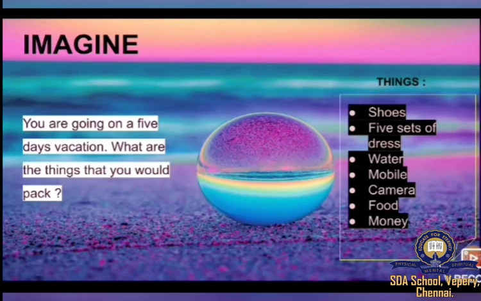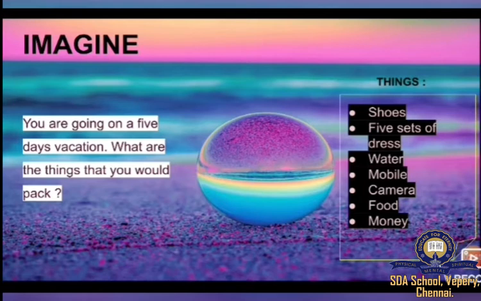We know that naming a thing is a noun, and obviously these are a few nouns that I've listed. In these, we see that shoes are something that we can count, while water, we can't give an exact count for the water, right?